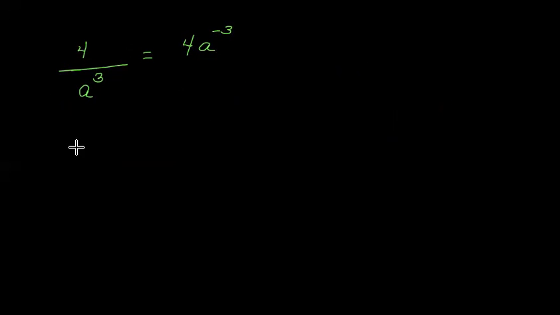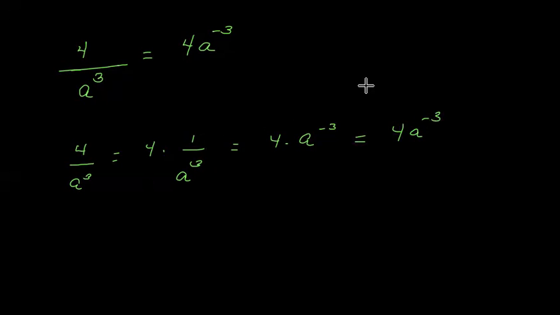How would I get that? All right, 4 over a cubed would be the same as 4 multiplied by 1 over a cubed, which would be the same as 4 multiplied by a to the minus 3, which is 4a to the minus 3 power, which is what I have here.